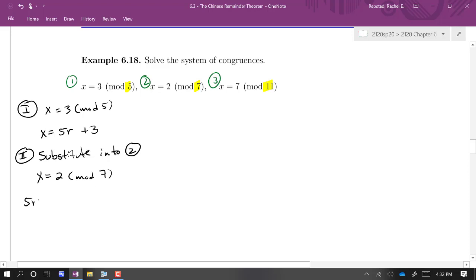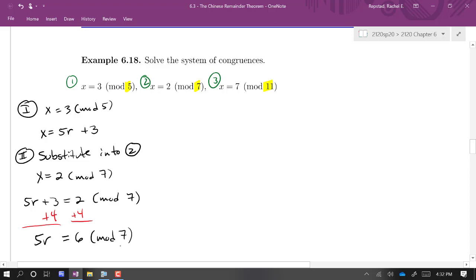So now we get 5r plus 3 is 2 mod 7. We're going to solve this. Now instead of subtracting 3 this time, because that would give me a negative, I'm going to add 4. Right, because adding 4 would bring us to 7, and that's 0 in this equation. So we find that 5r is equal to 6 mod 7.